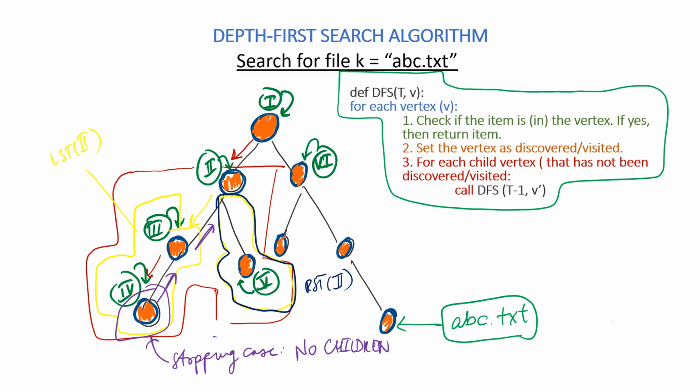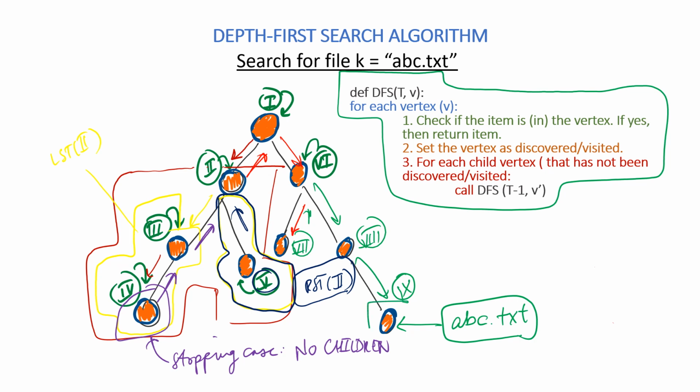check for the file. The file is not in this vertex, which is number 5. I go back up, go back to the root, and then follow the same procedure for number 6. Go down to the left to 7, go back up, 8, and 9.